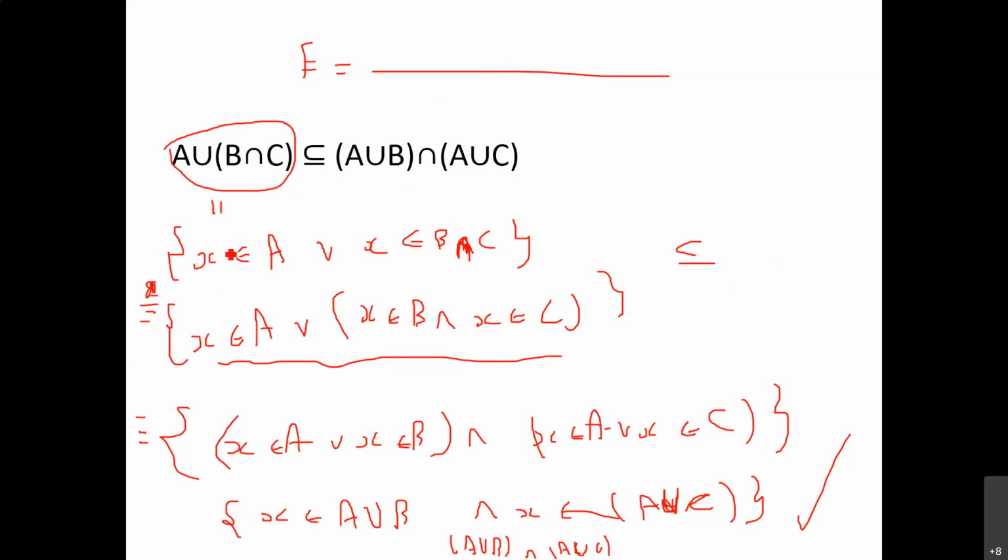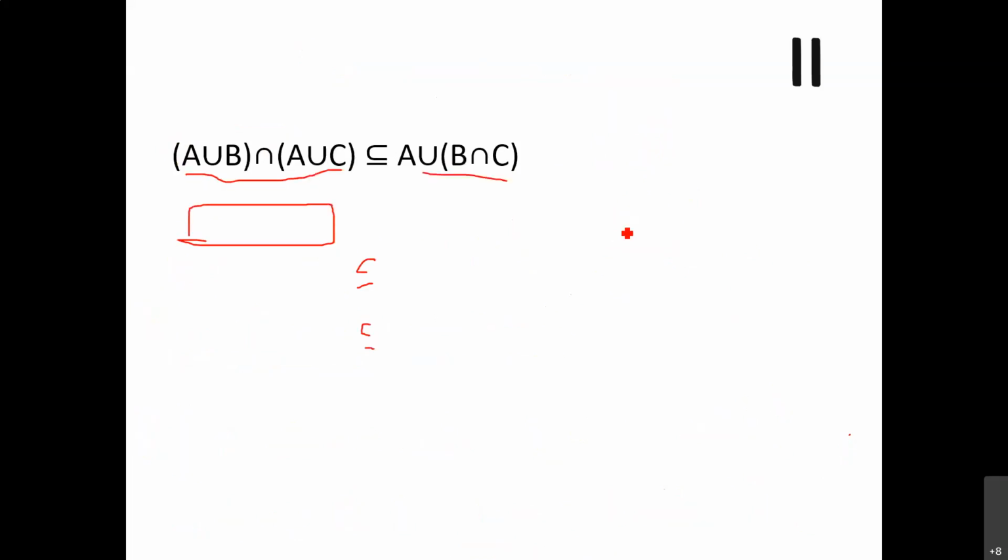So this example was simple enough that I could have just written equivalence on each step, and I'm done. But in some examples, it might be more difficult, so you'd have to prove both the left and the right. So implication left, implication right, or subset, subset. Okay? And the assignments, I think you'll have plenty of those to do.